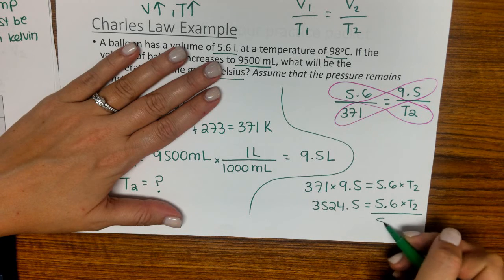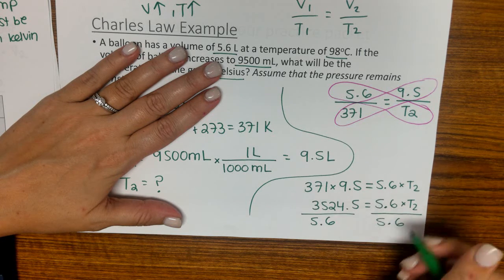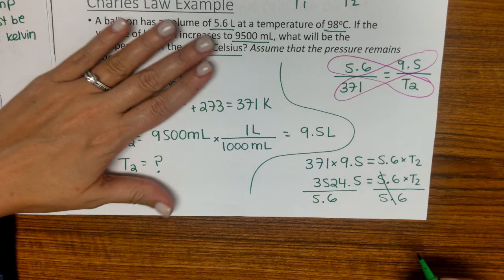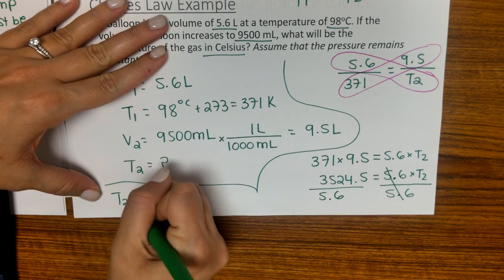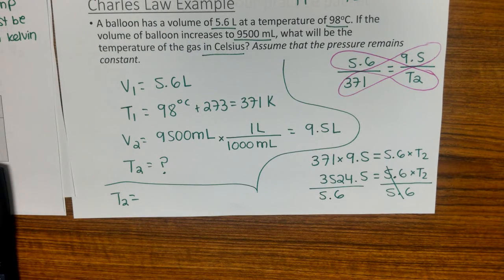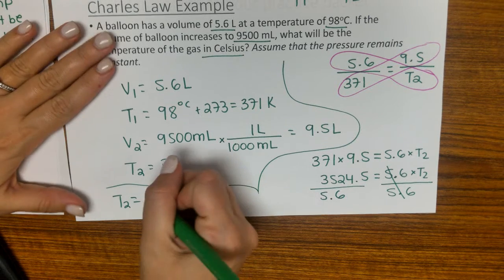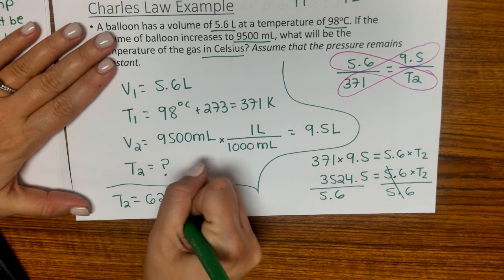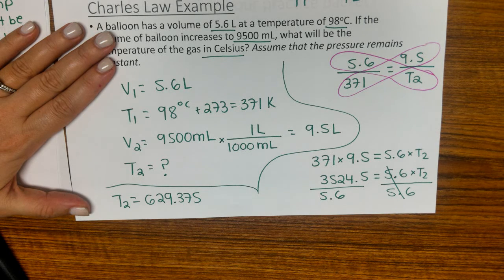I'll divide each side by 5.6. That cancels out. Now we have, run out of room, T2 equals 629.375, and that unit is Kelvin.